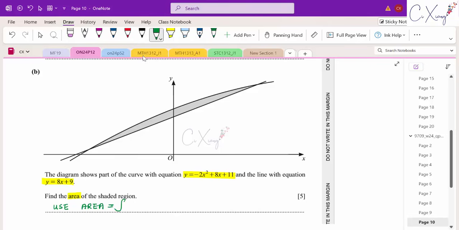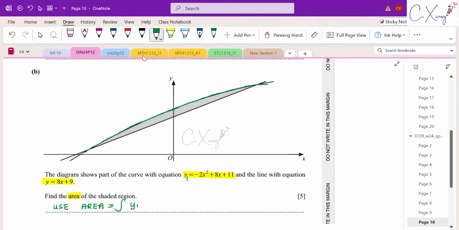Okay, it involves integration, but you can see that this particular area is actually bounded by the curve and also the line. So when the area is bounded by the curve and the line, as an example, in this one the curve is on top. So when you want to find the area, you have to use the curve equation, which I label as y1.